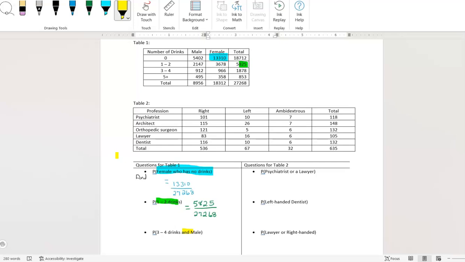So now we're looking for the males that have 3 and 4 drinks. And so that probability is equal to, oops, cursor doesn't want to go there. We have 912 people out of a total of 27,268.